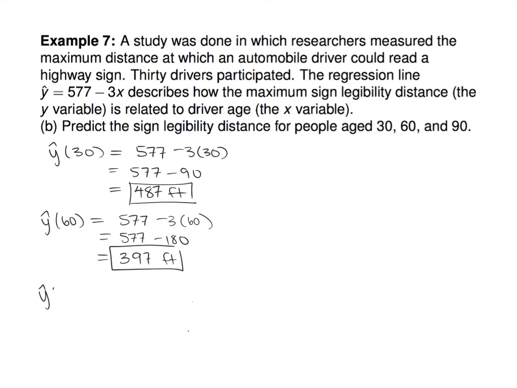And for that 90-year-old, on average, 577 minus 3 times 90 is 577 minus 270. Tells us that it's at 307 feet.